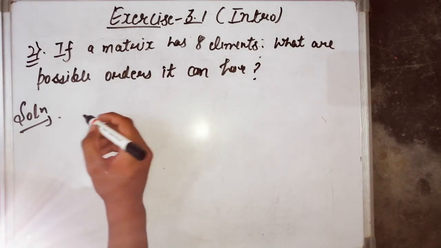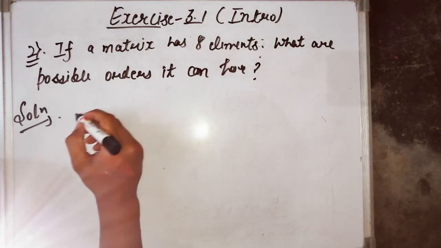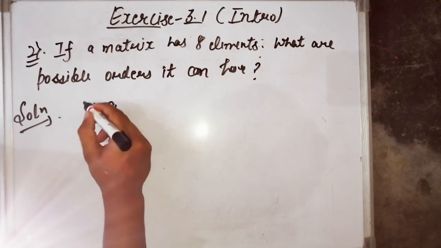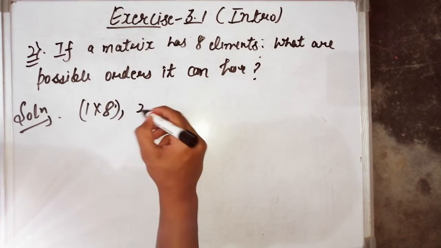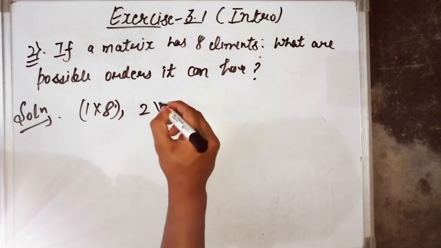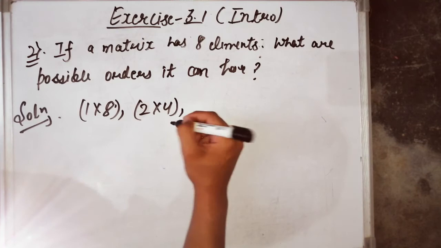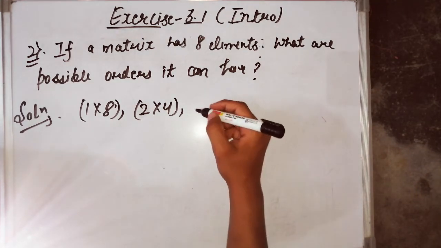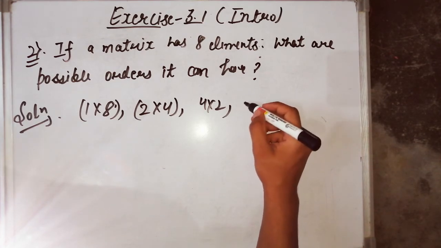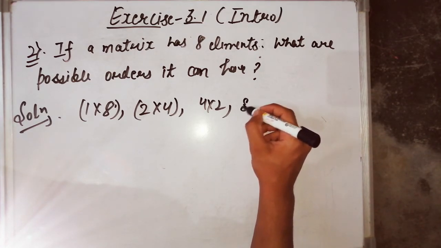Now let's see how we will represent the elements of a matrix. The possible orders it can have are 1 cross 8, 2 cross 4, 4 cross 2, and at last 8 cross 1.